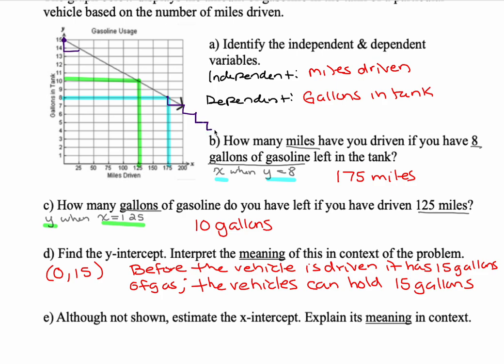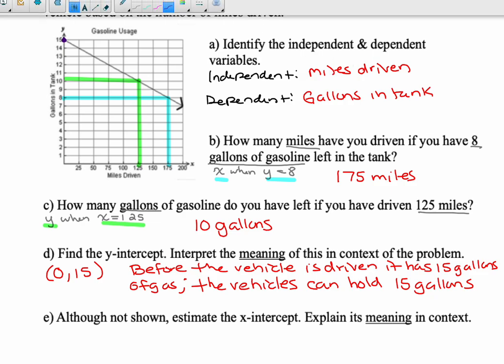Another gallon would go to 275. Another gallon would go to 300. Another gallon, 325. Another gallon, 350. And the last gallon would go to 375. So I can do that with steps and see that every 25 miles, it is decreasing by 1 gallon of gas. So the x-intercept, I would say, would be at 375, 0.